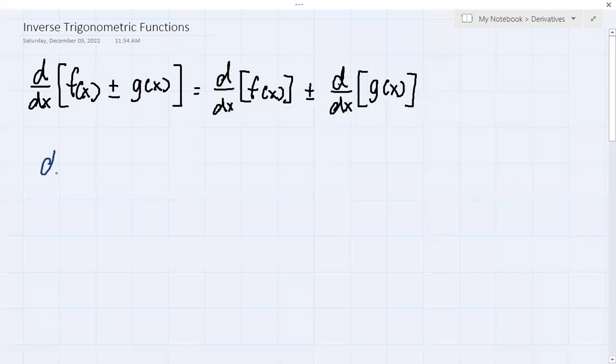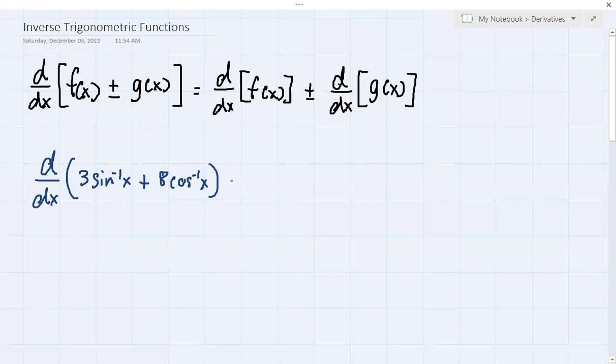Let's just say you have the derivative of 3 times arc sine plus, sabihin natin, 8 times arc cosine. Okay? So, we have 3 arc sine of x plus 8 arc cosine of x.